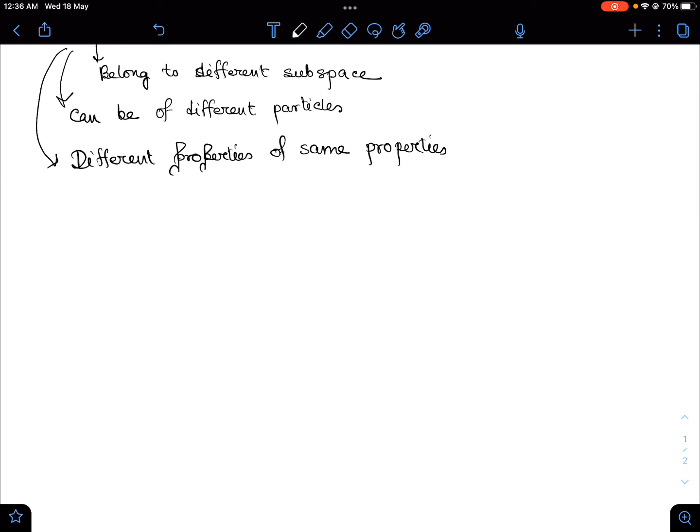Now we know that the components of J1 and J2 satisfy the commutation relation.